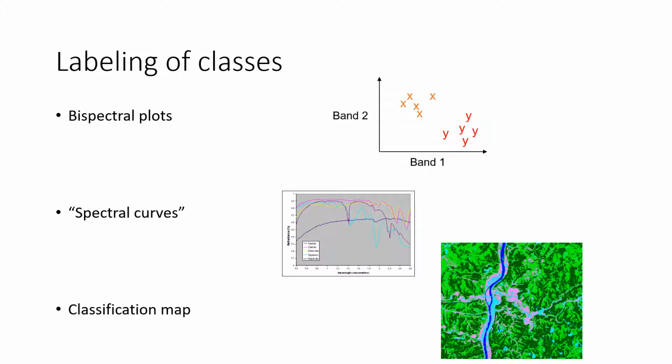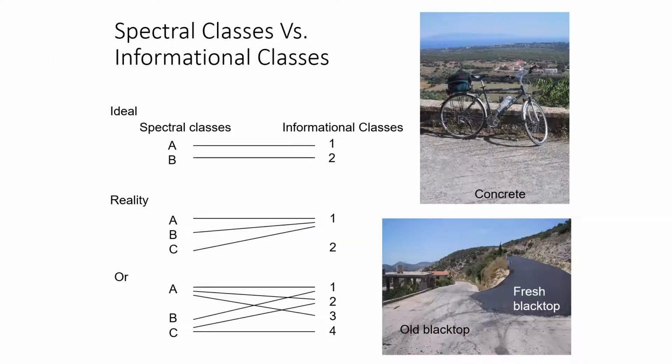How do we label them? We can use bispectral plots or spectral curves, or we can create classification maps. So how do spectral classes versus informational classes differ? In a perfect world, if it's spectral class A, it's an informational class. Just that simple. In reality, a lot of times you'll have multiple classes that are the exact same thing, or classes that are actually different things, and it can get complicated because of things like this.